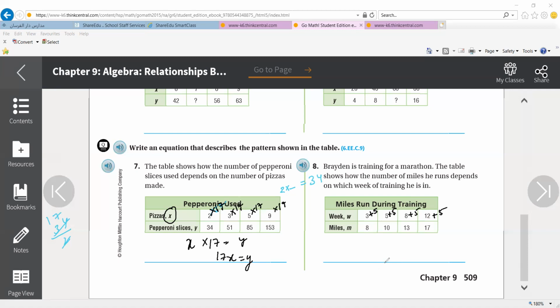Ghalia, tell me the relation between W and M. If W is 8, I add 5, plus 5, so I get my M. For all the W's, 3, 5, 8, 12, if I add 5, I get the answer as M. So I wrote this.